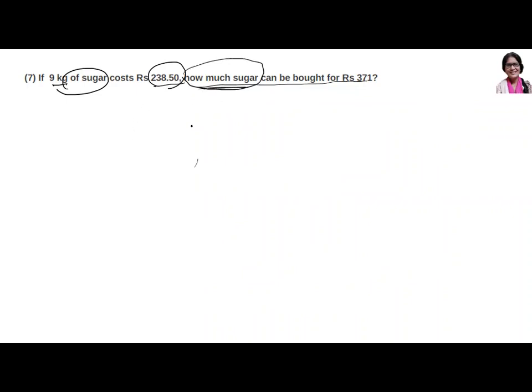It is unknown. So let x kg of sugar be bought with rupees 371.